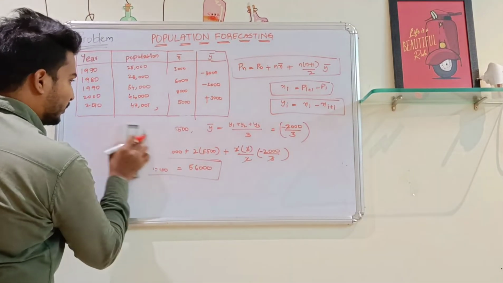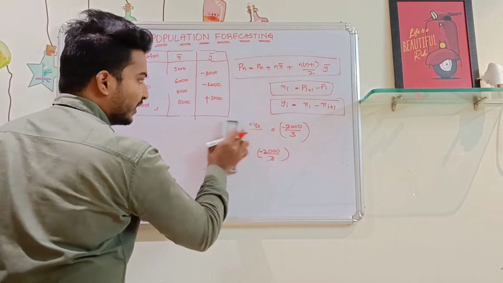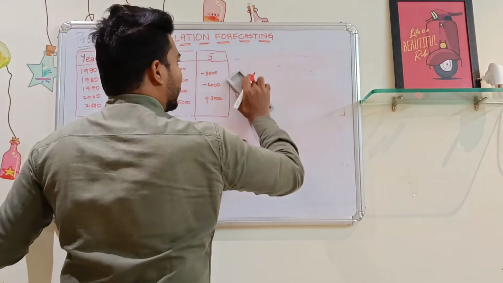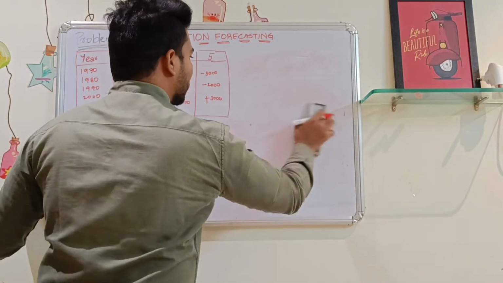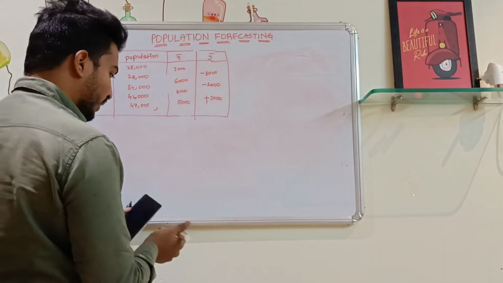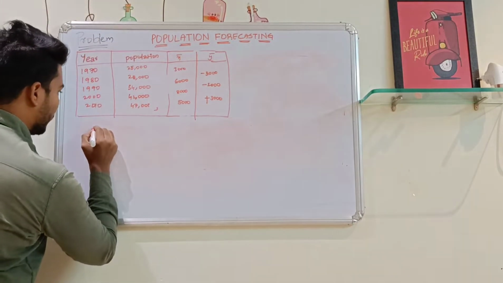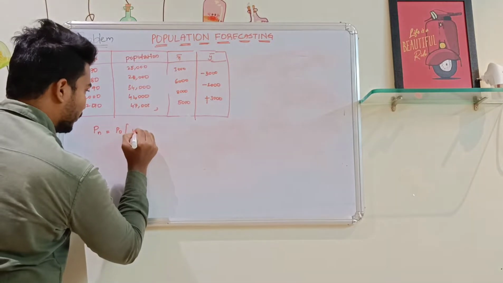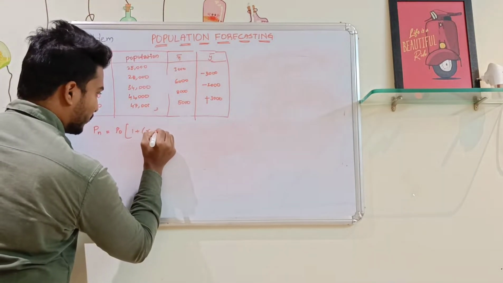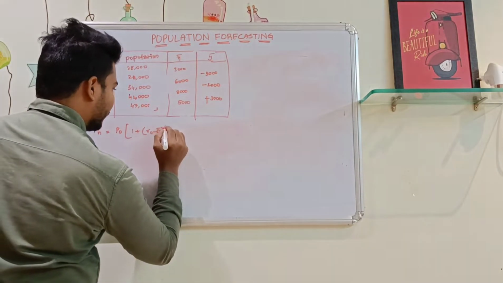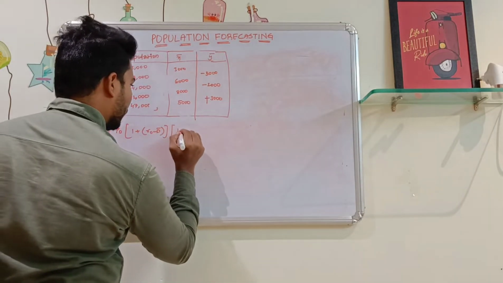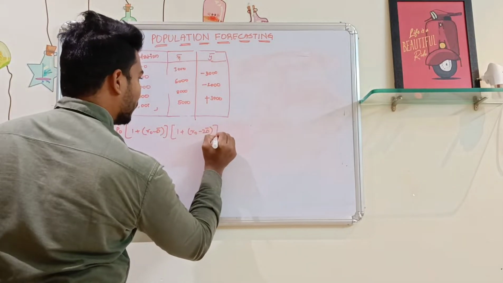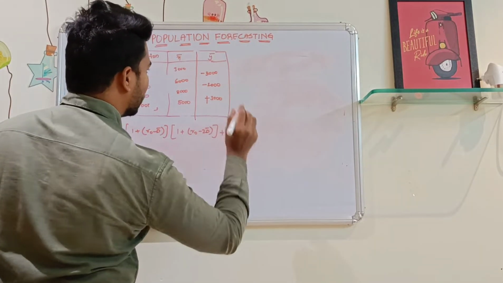And the next and the final method. What is the final method? That is the decreasing growth rate method. We know the formula. Pn is equal to P naught into 1 plus R naught minus D bar, 1 plus R naught minus 2D bar, plus so on.